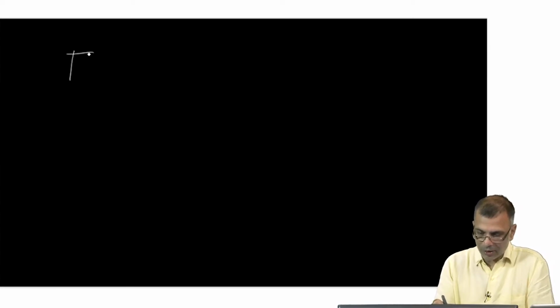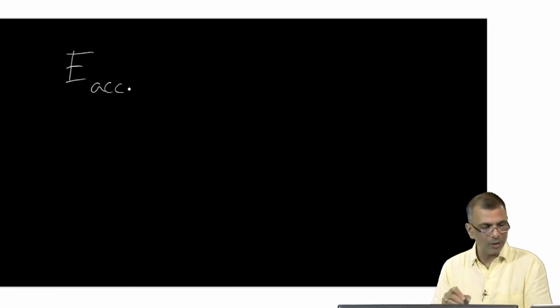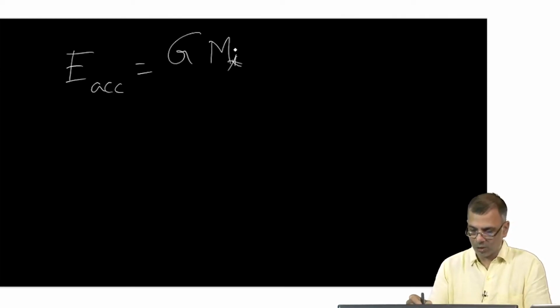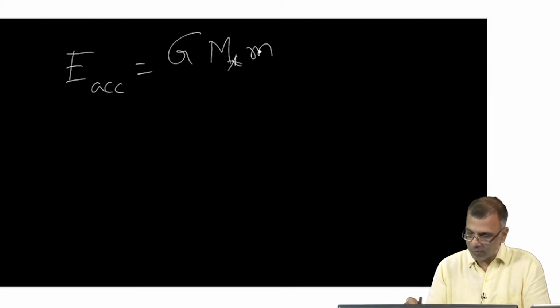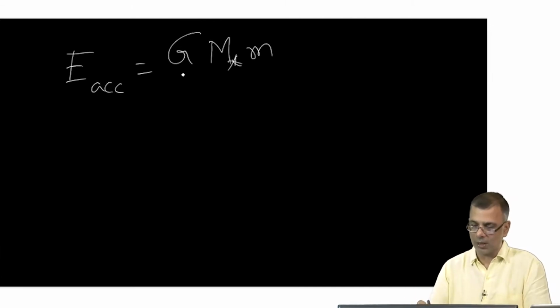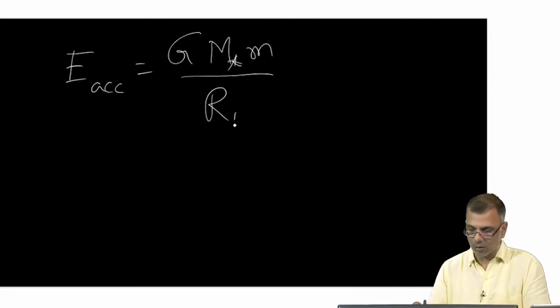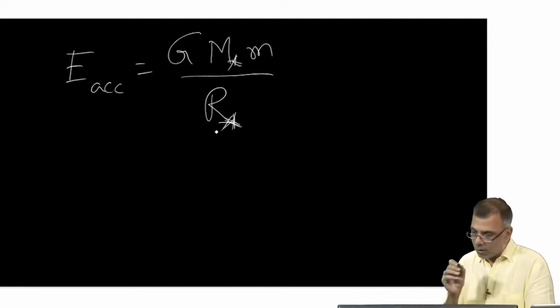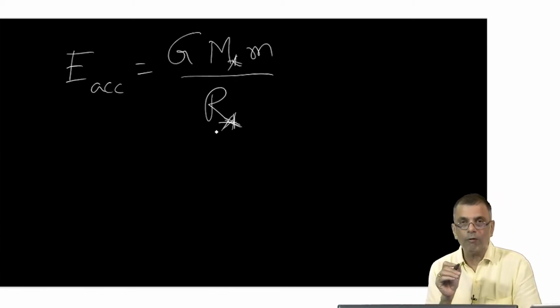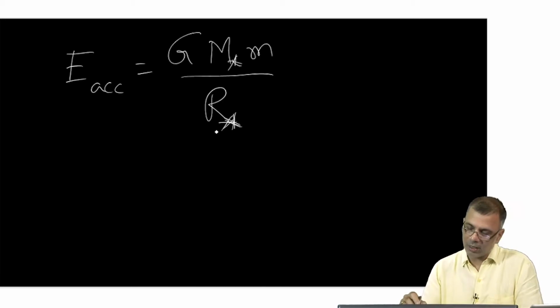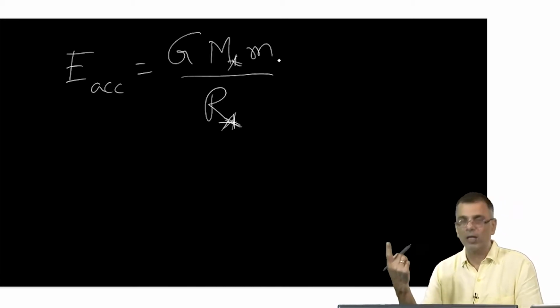We write this as E accreted, which is simply equal to G m star m over r star, where m star is the mass of the central object and m is the mass of the accreting blob. For really compact objects, this can be really large. It can substantially exceed this 0.007 mc squared. In particular, let us say m is equal to mp, one per proton.